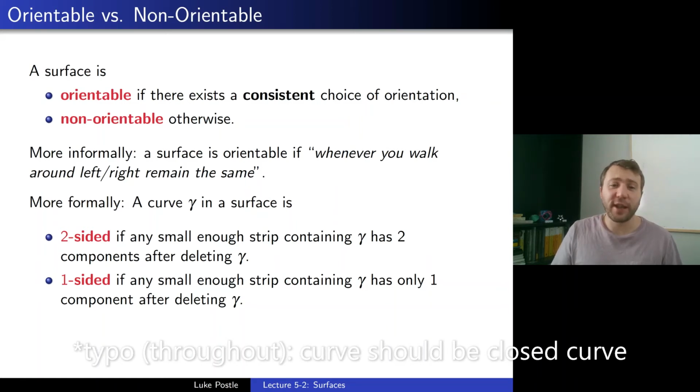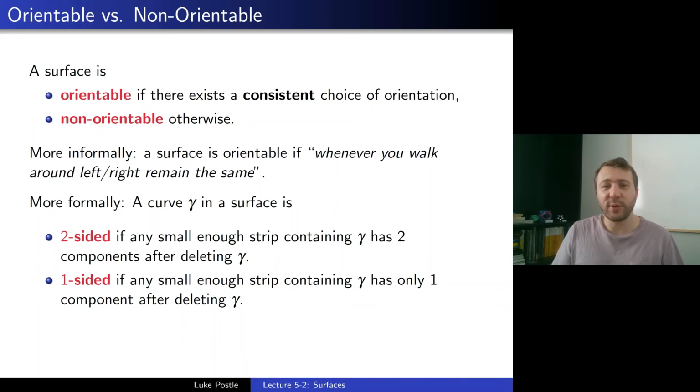A closed curve gamma in a surface would be two-sided or one-sided according to that definition. So if you have a consistent understanding of left and right, then the left will all form into a component when you delete gamma, and the right will all form into a component when you delete gamma.